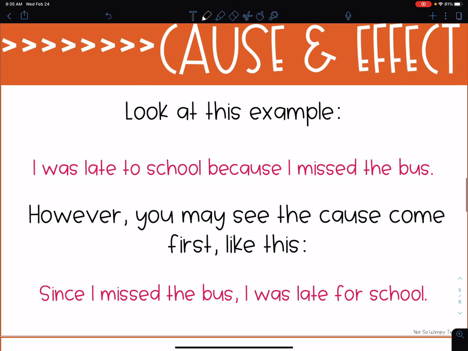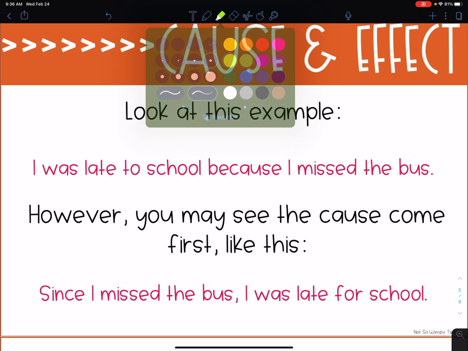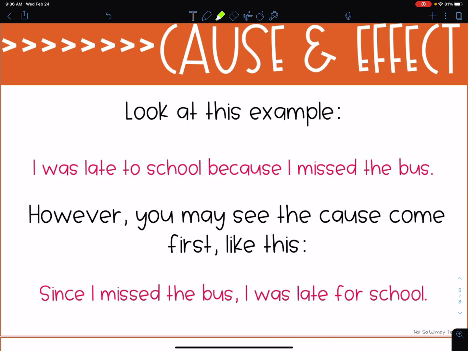Let's look at this example. I was late to school because I missed the bus, which we've seen sentences like that. If we wanted to identify the cause and effect, I'm going to put the effect in green and the cause in a different color. The effect, remember, is what happened. So what happened?